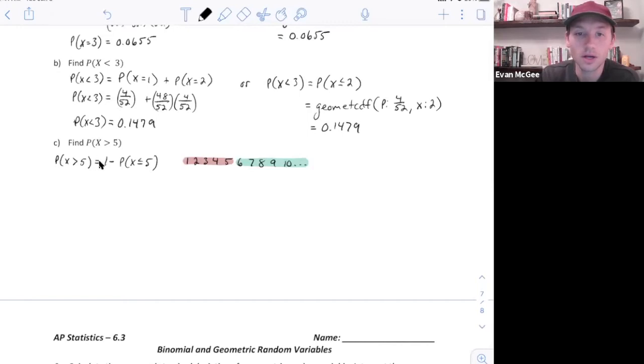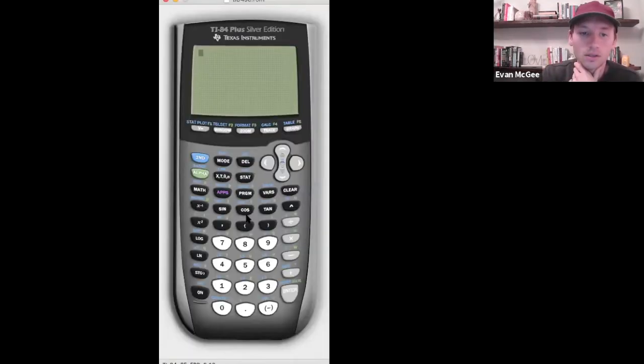And so now I can use my calculator to solve with this statement, because I have to have it written as less than or equal to some number. So I'll throw this statement into the calculator and see what our final answer is. I'll start with 1 minus, then go to my distributions.